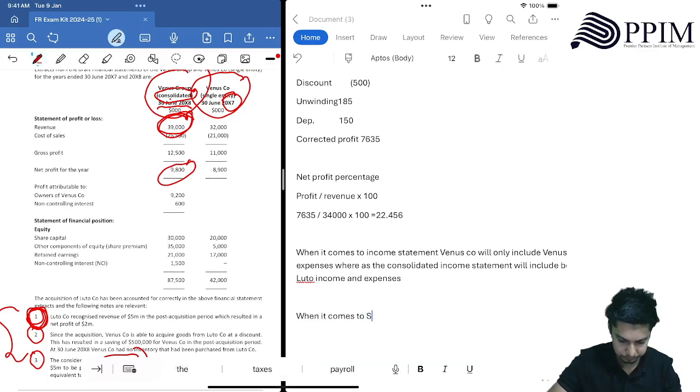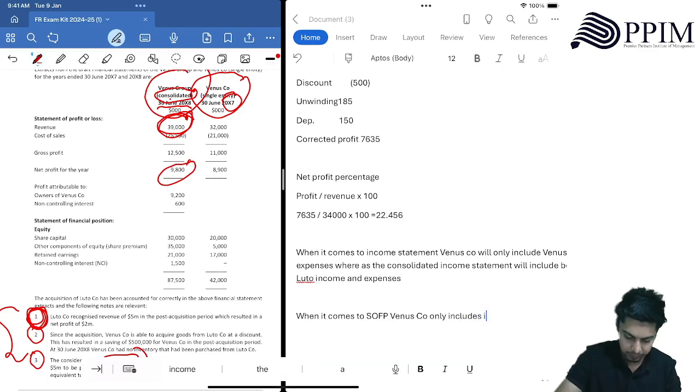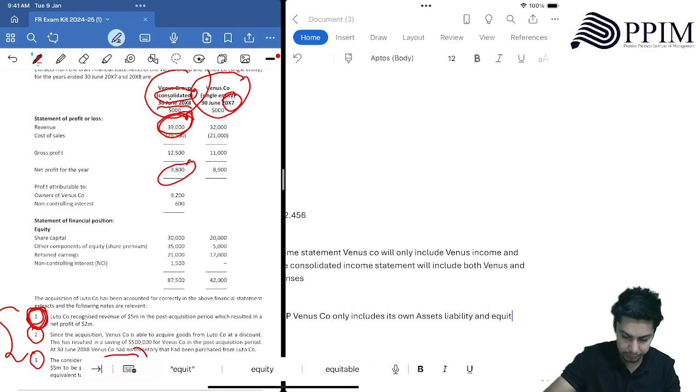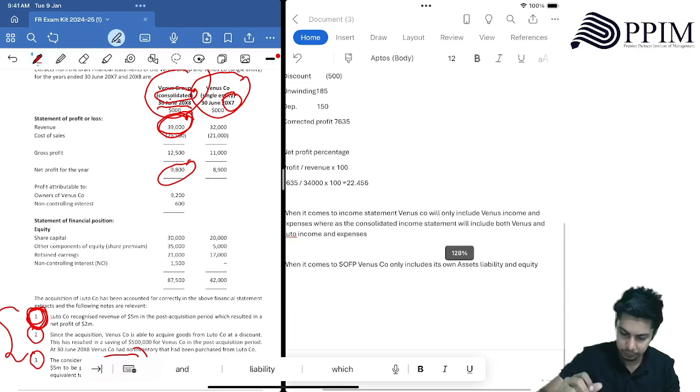Then guys, next one, when it comes to SOFP, Venus Corporation only includes its own assets, liability, and equity, right?